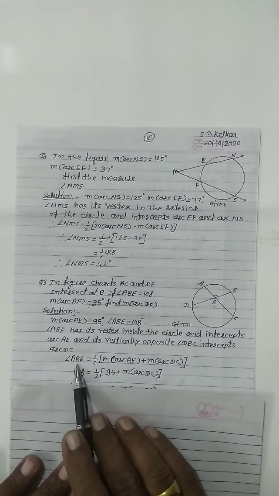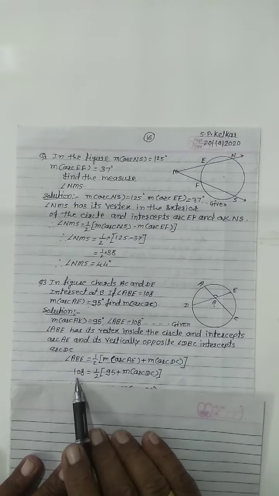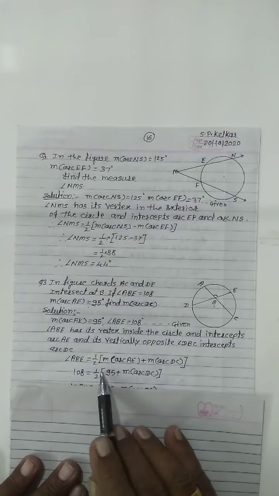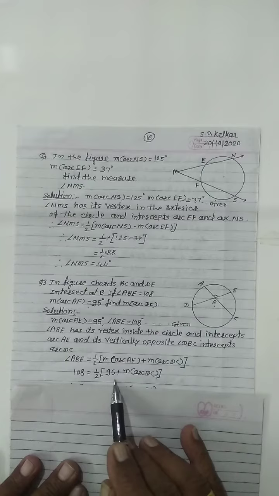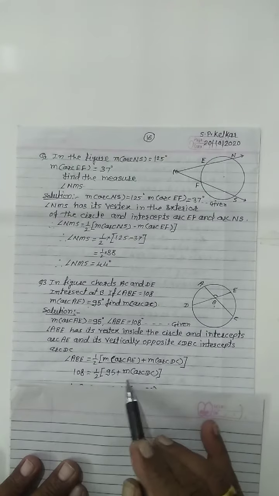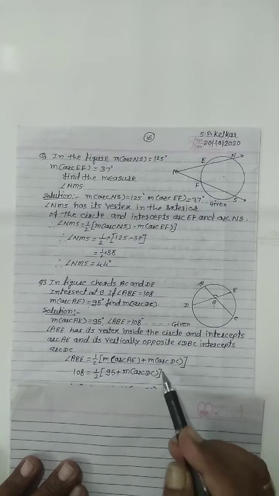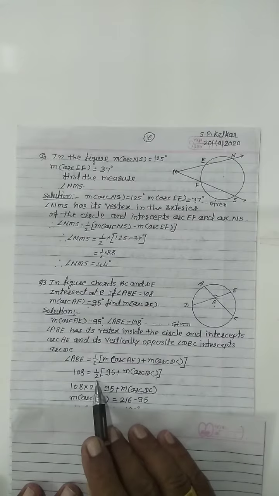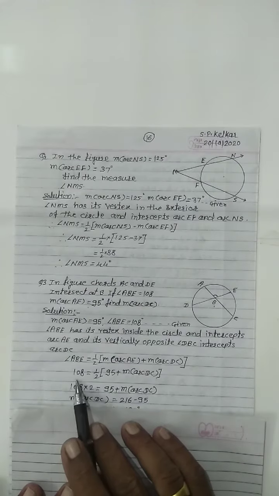Now the measure of angle ABE is given, 108 equal to 1 by 2 into square bracket 95, the measure of arc AE is given, plus measure of arc DC, square bracket complete. Then this 2 goes to the left side and multiplies with 108.